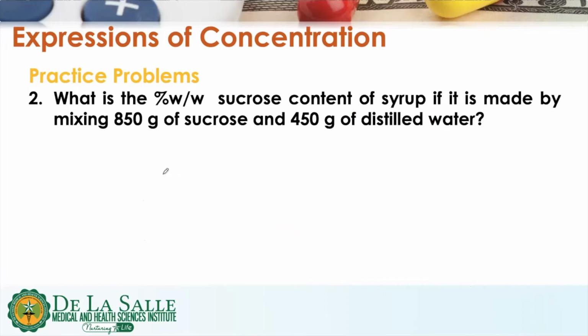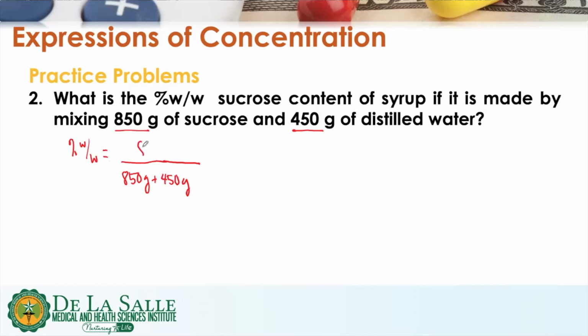Now, how about this problem, which involves percent weight in weight of sucrose content? What is the percent weight in weight sucrose content of syrup if it is made by mixing 850 grams of sucrose and 450 grams of distilled water? Now, take note that we are already given the weight of the solute and the weight of the solvent. So, the weight of the solution is simply the sum of the weight of the solute and the weight of the solvent.